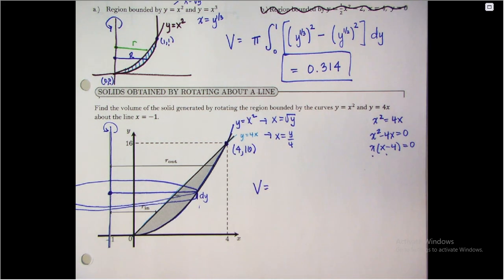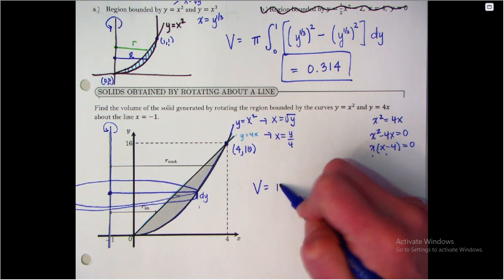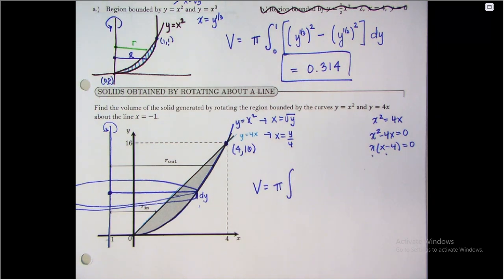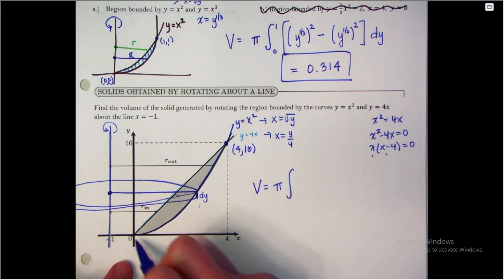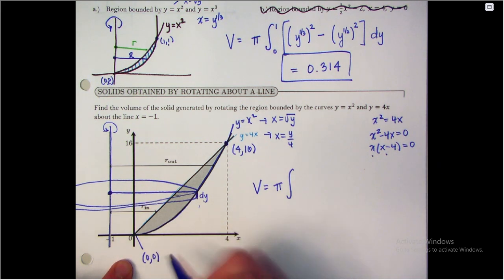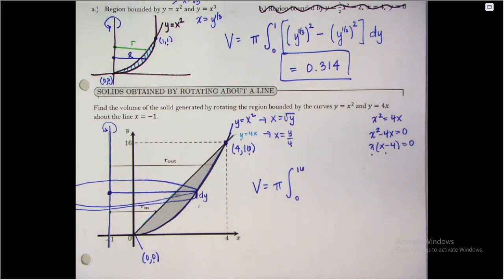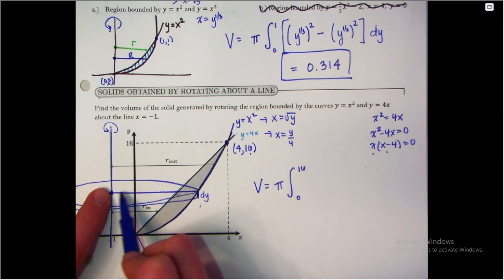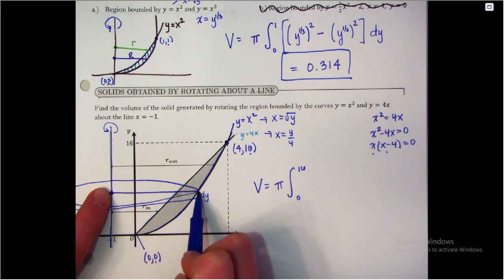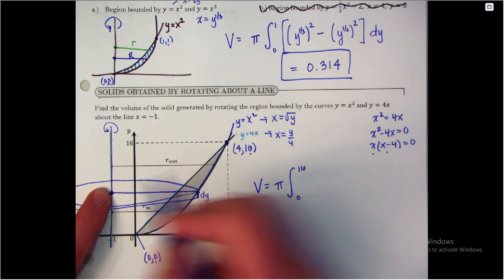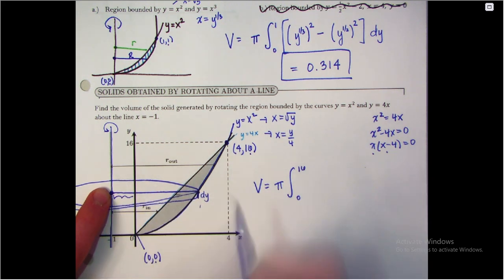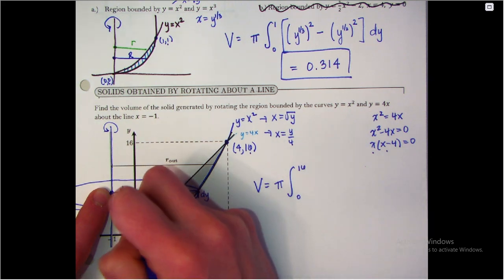We've got volume equals pi. I'm working in a dy, so that would mean that I want to use the y values to set up my bounds from 0 to 16. And my R squared. Capital R is from the center to the edge, all the way through the open space, so I've drawn in a capital R. If I want to go just this far, I know that that's 1 unit.